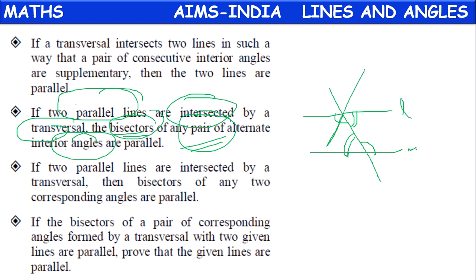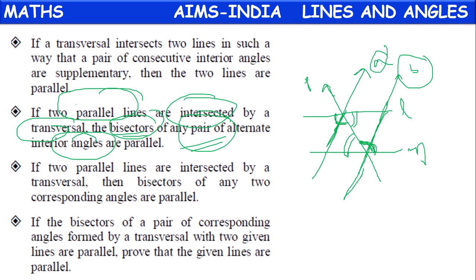Suppose L and M are the parallel lines, P is the transversal, and let this line be A and this line be B. These lines A and B are bisecting a pair of alternate interior angles.